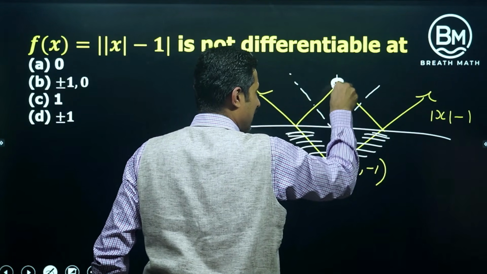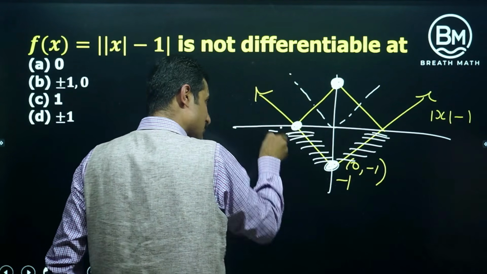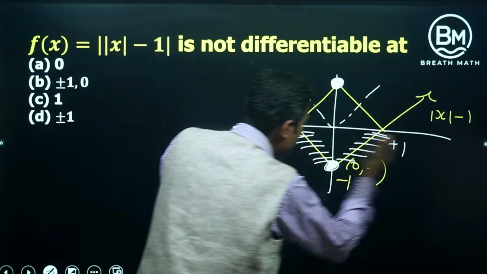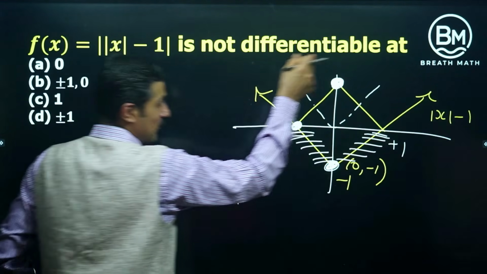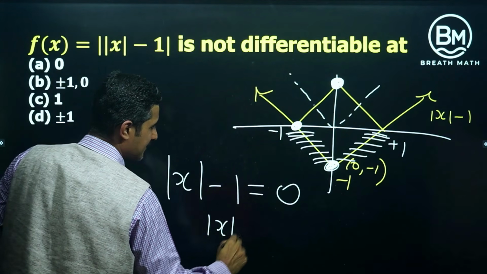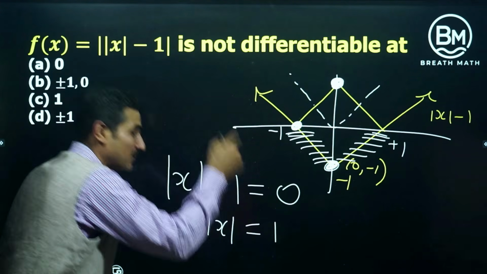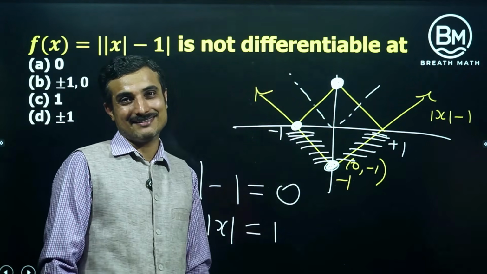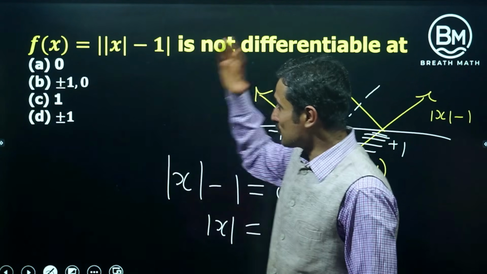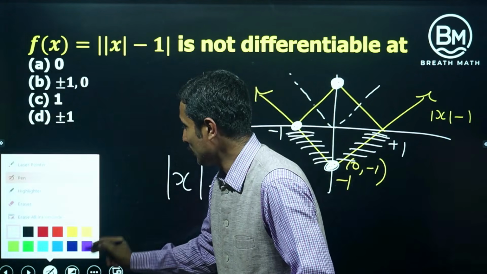Then you find sharp edges at x equal to 0, at x equal to -1, and x equal to +1. How do you know these are +1 and -1? You need to equate the term inside the modulus to 0, then mod x is equal to 1, x equal to ±1. Those are the points where the function is not differentiable. So this function is not differentiable at 3 different points, ±1 and also at 0.